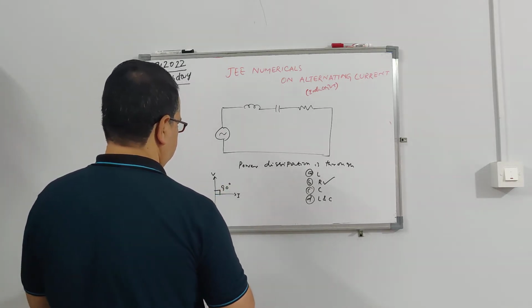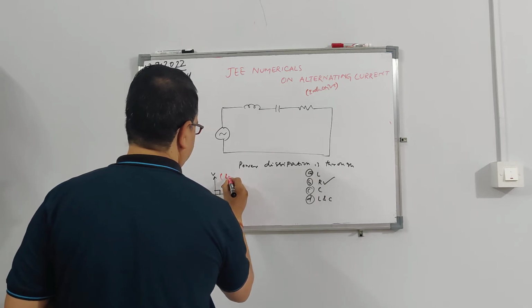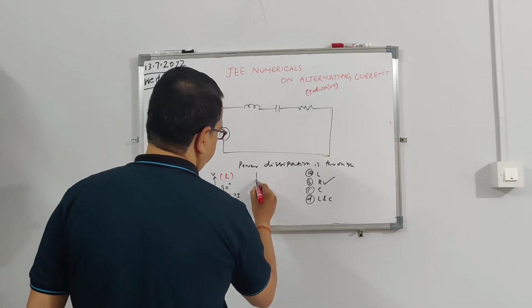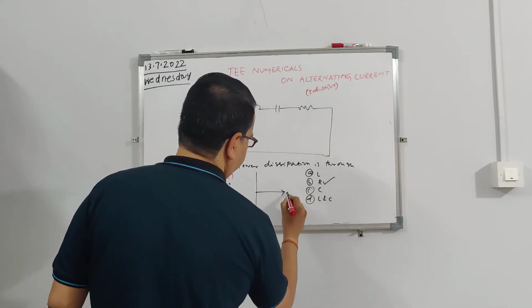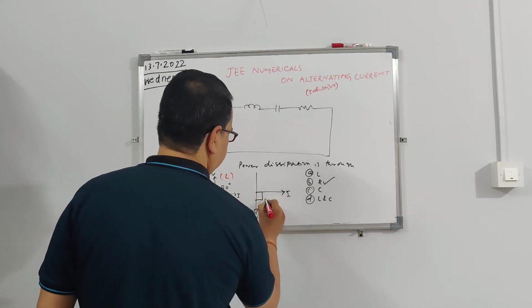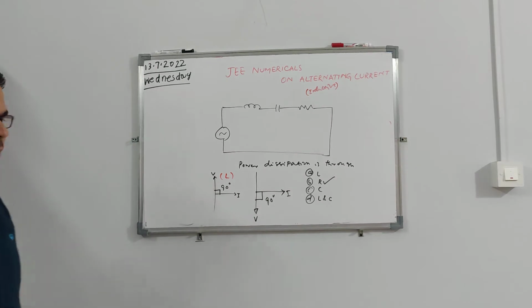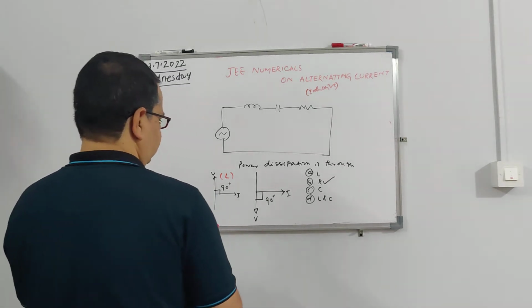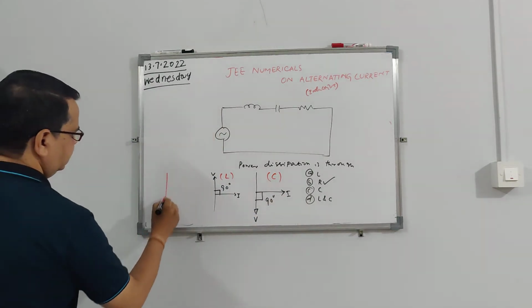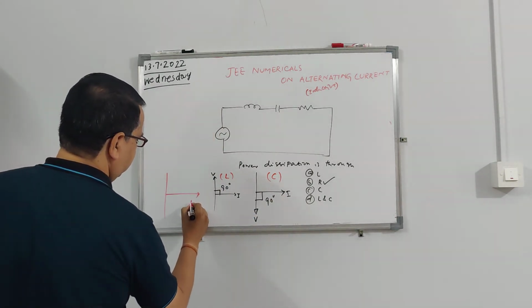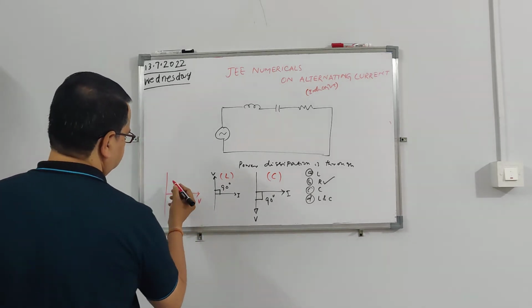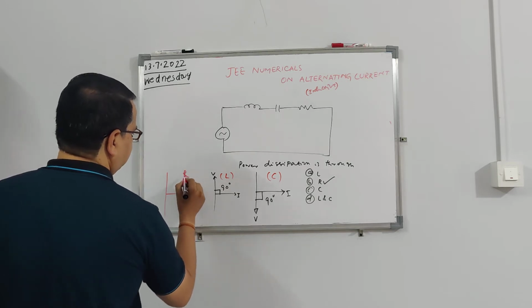Similarly, for a capacitor, if this is current, your voltage will be this, so it will be lagging by 90 degrees. This is for capacitor. Resistor is in phase, so your I and V will be in the same phase.